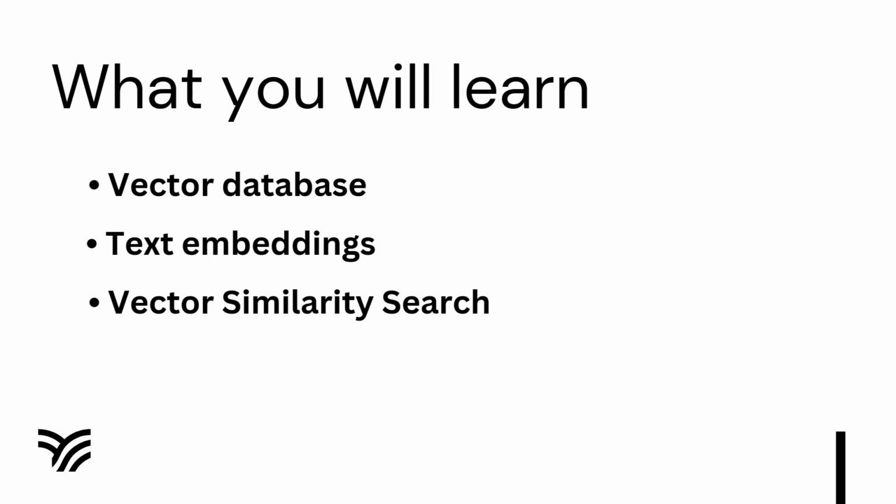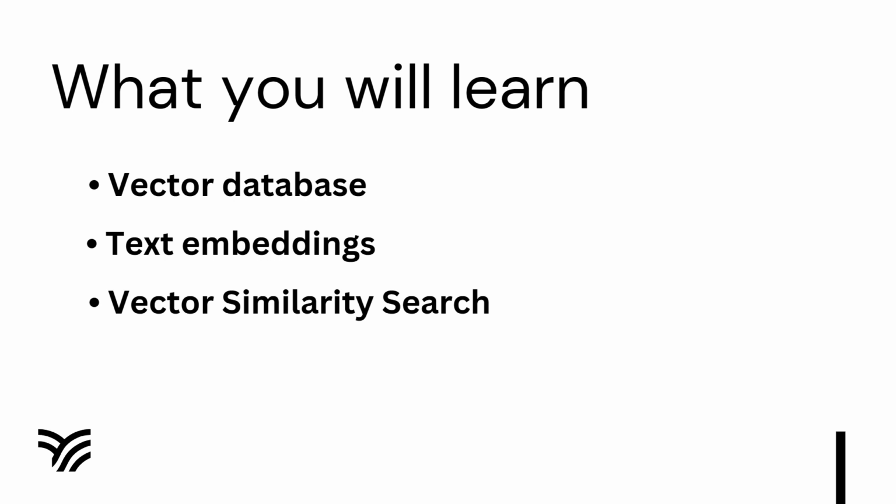Then we will see how to search for similarity between two images or two textual pieces to see how similar they are. Later on, we will have a small project, a chatbot on custom data.